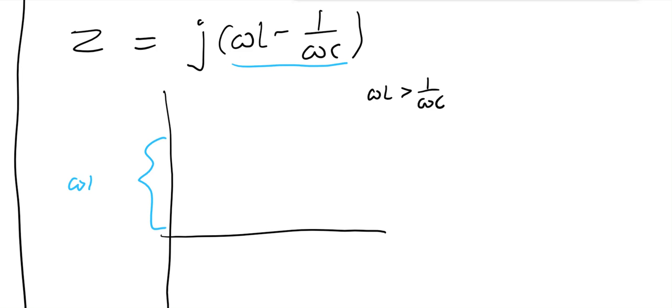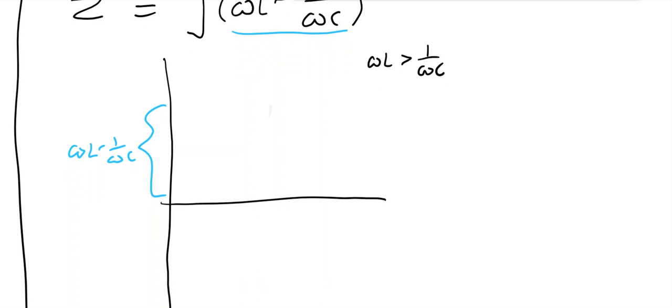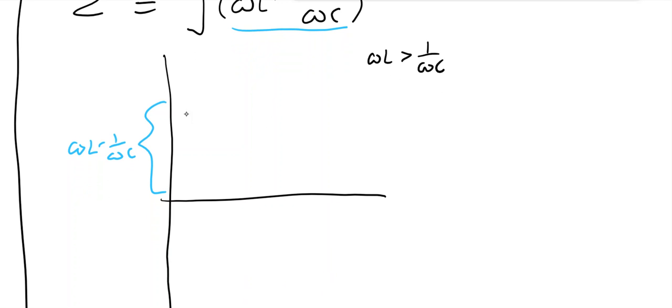So with this assumption I am putting it here. This is omega L minus 1 by omega C, and there is no real part, so there is nothing to be represented on the real axis. It is purely imaginary, and this itself is my mod Z, and this is my delta. How much is delta?